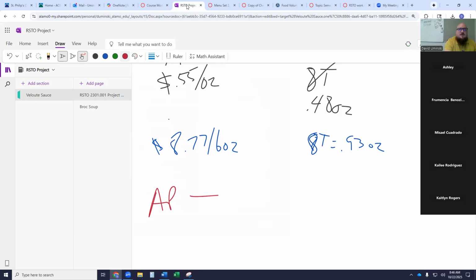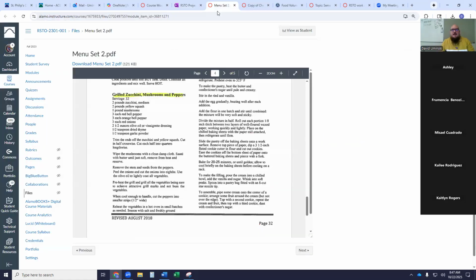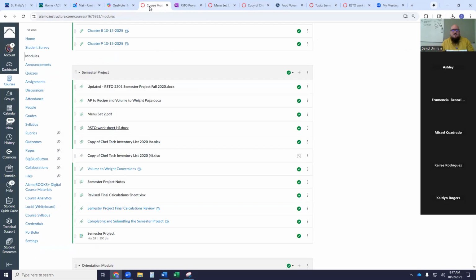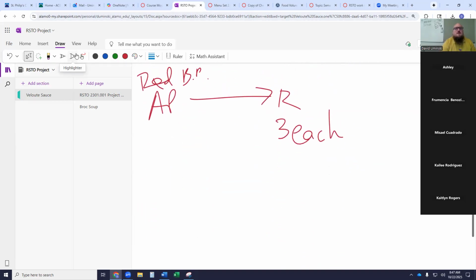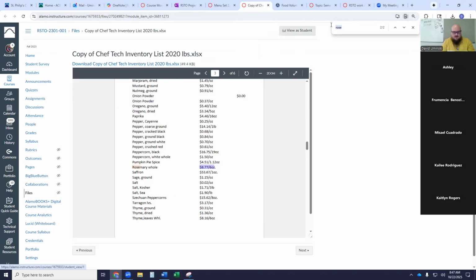My recipe says I need 3 each. So if my recipe is saying I need 3 each, let's go to Chef Tech inventory.